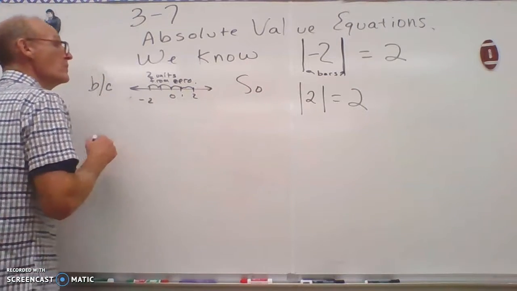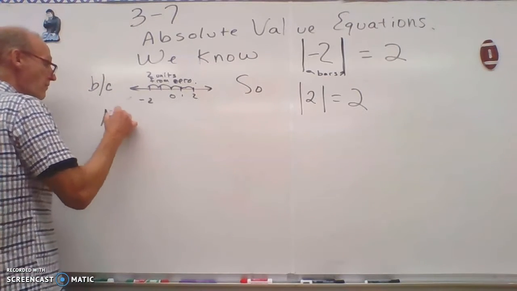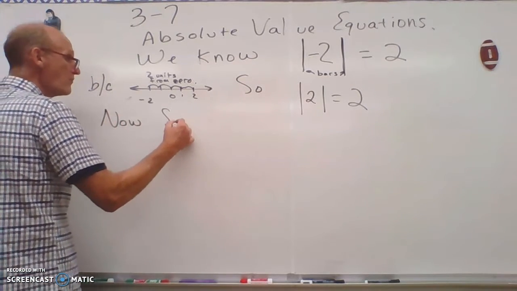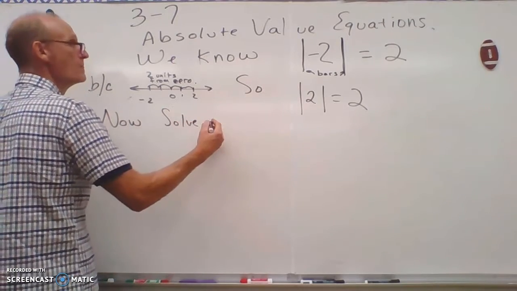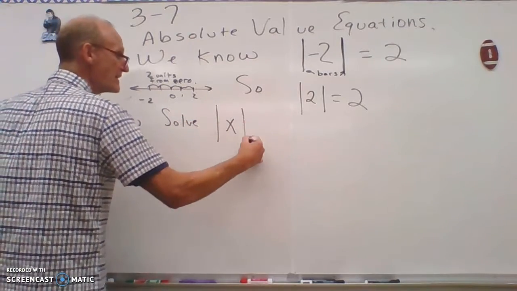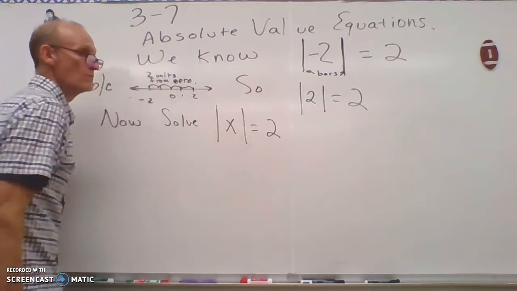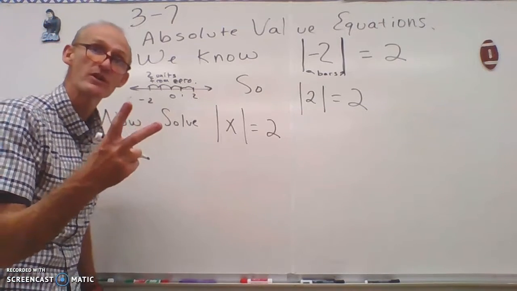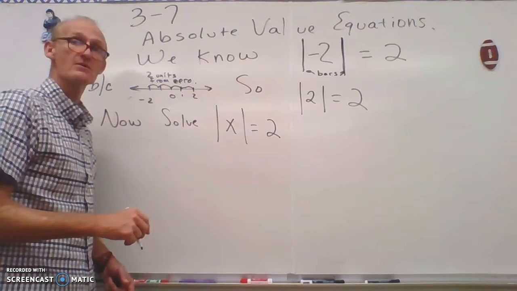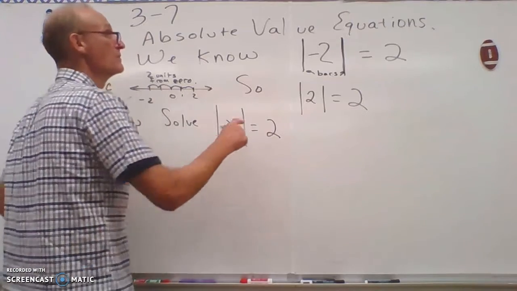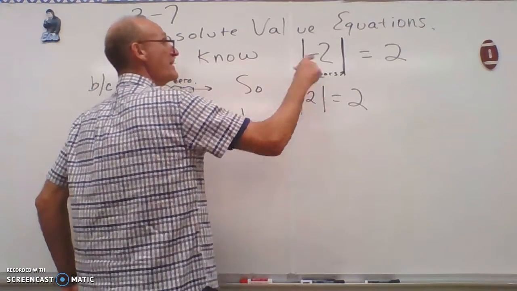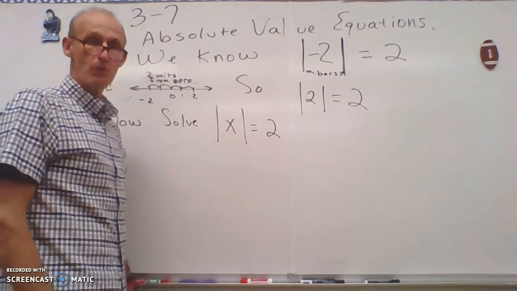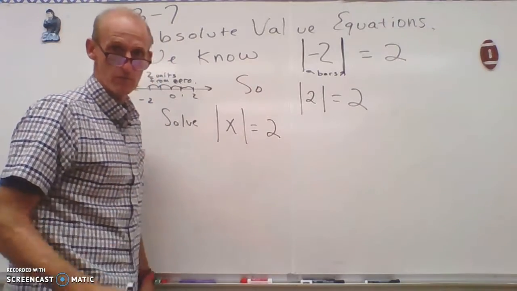Now solve the absolute value of x equals 2. This is really 2 equations because 2 numbers, 2 and -2, both are 2 units from 0.